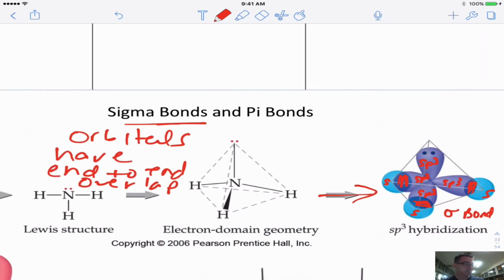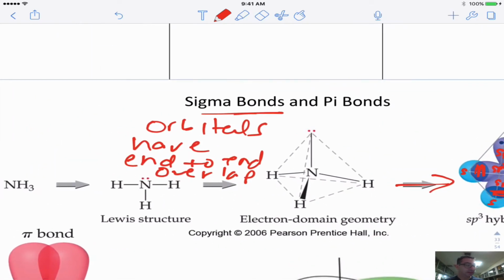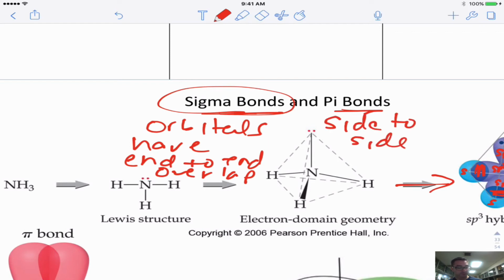Now, in general, what you should know is that sigma bonds are always there when you have a single bond. What does a pi bond look like? Well, a pi bond is where you have a side-to-side overlap. So pi bonds occur when you have double and triple bonds.